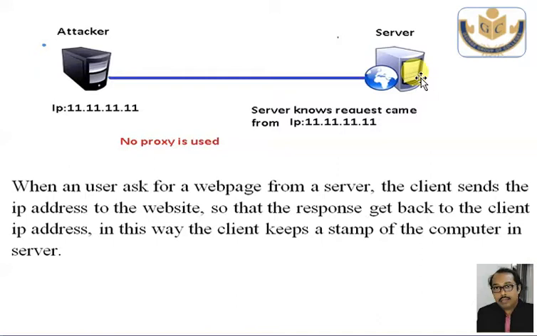If any kind of hacking or damaging activity is performed by the attacker over that server, it can be easily identified. Correct? So what computer or what IP address makes this kind of malpractice or damage in the server? Because the server maintains a log file.